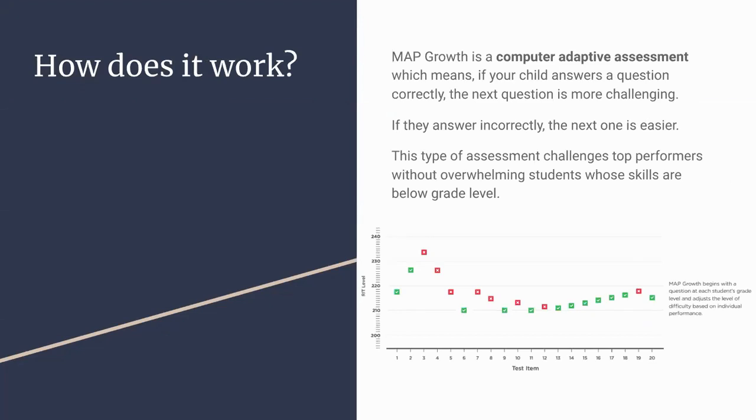So this type of assessment not only challenges our top performers, but it doesn't overwhelm students whose skills are below grade level. And so in the graph below, the MAP growth assessment will begin with a question at each student's grade level, and then it will adjust the level of difficulty based on that student's individual performance.